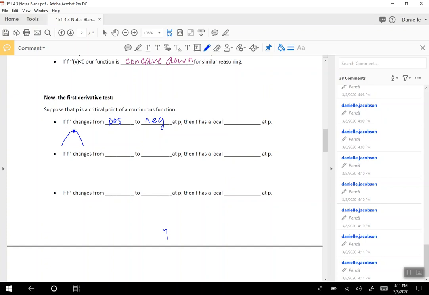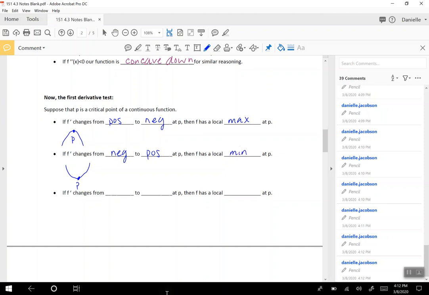We should see that we're going to have a local max there based on that picture. All right, next, if f prime changes from negative to positive, so the slope goes from negative to positive, we should see that we have a local minimum.